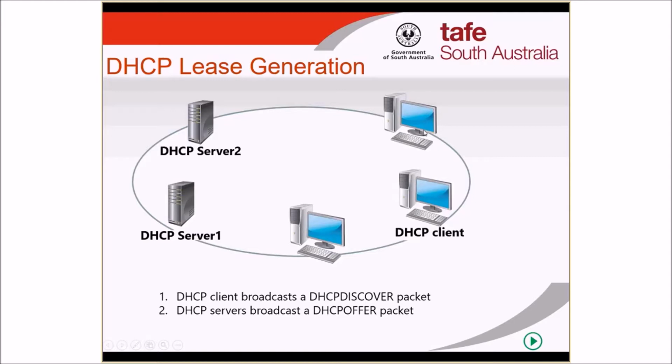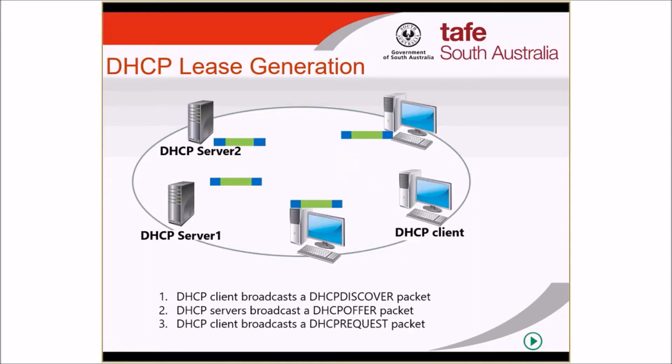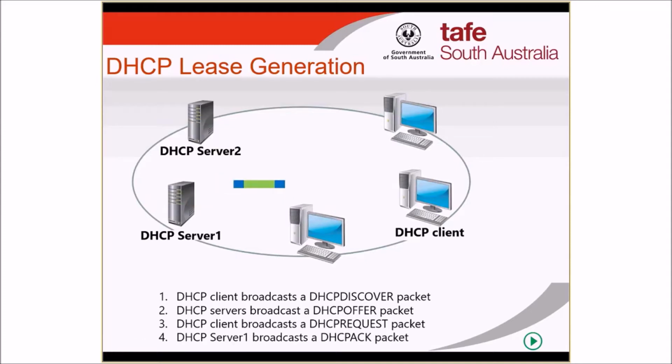It goes to everyone, and it's a reply, broadcast again, and only this computer which asked for an IP address in the first place says, hey, that's great, can you give me one? And it broadcasts back, and this is what's called a DHCP request. And finally, this particular DHCP server, which has been authorized in this network, will broadcast back, here's your IP address, take it.